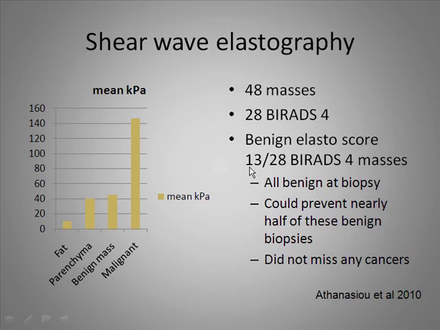So if elastography had been utilized in addition to the BI-RADS assessment, half of these biopsies could have been avoided and none of them were malignant. A much larger series is awaiting final statistical analysis and publication. That's going to include just short of 2,000 masses and promises to show similar results.